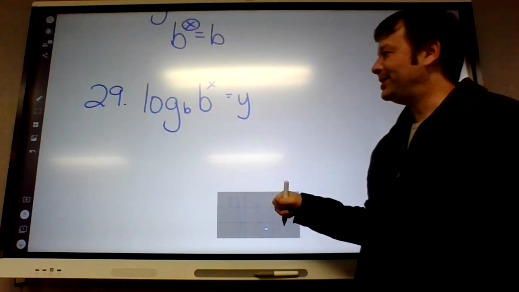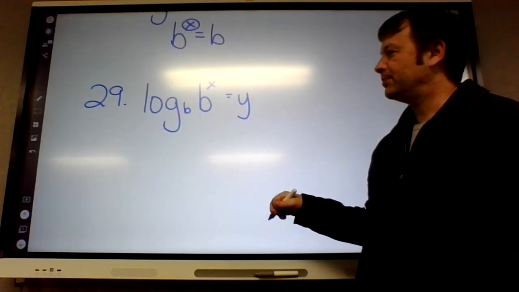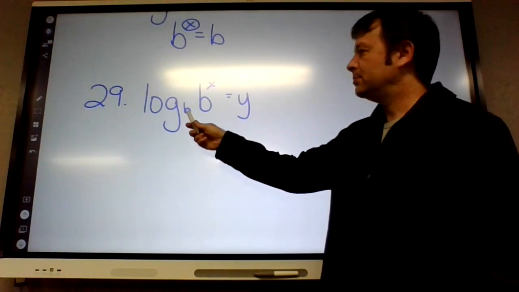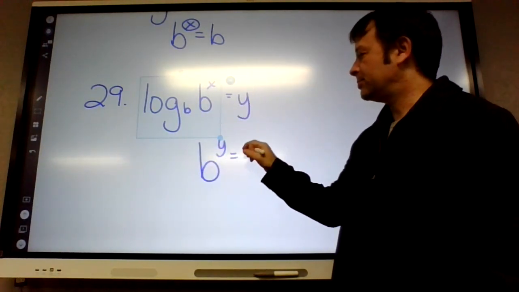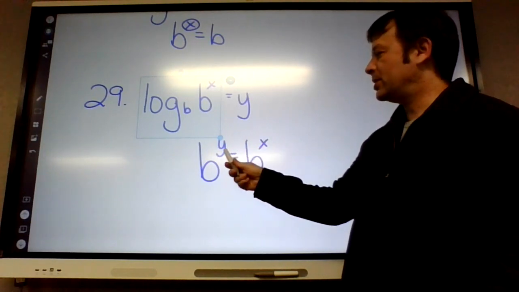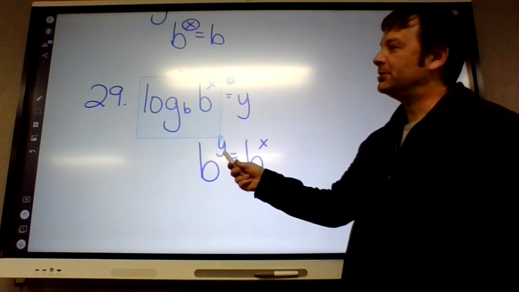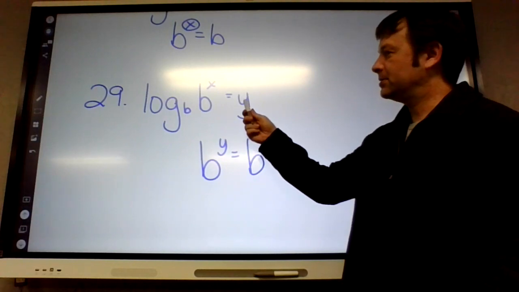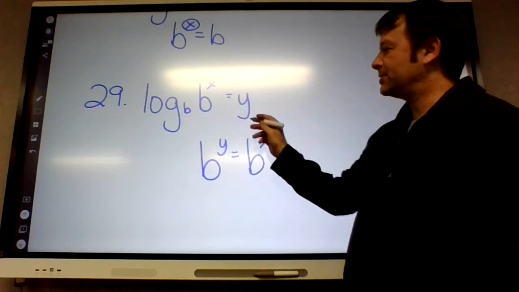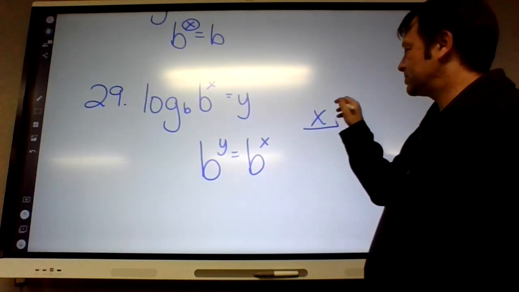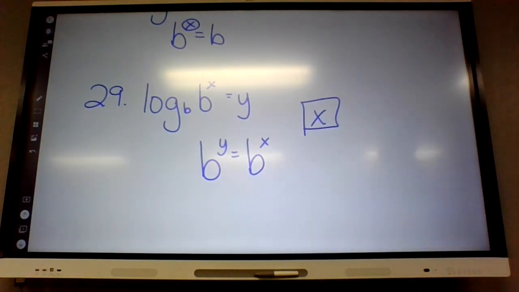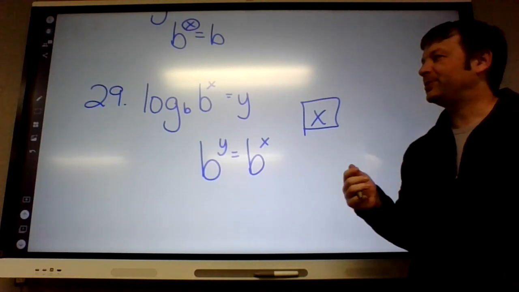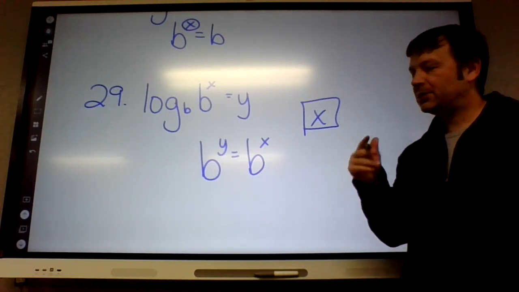What would this be in exponential form? b to the y equals b to the x. So what does y need to be? x. So the answer is actually just x. The y I made up on my own, so it's not really in the problem. Maybe I should just put a question mark there instead of a variable.